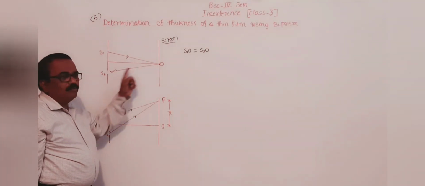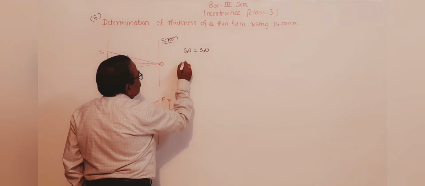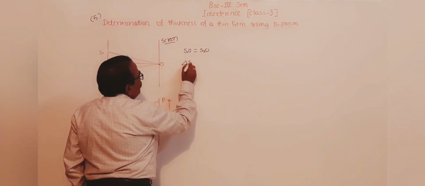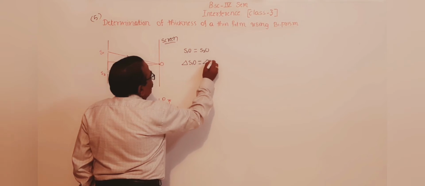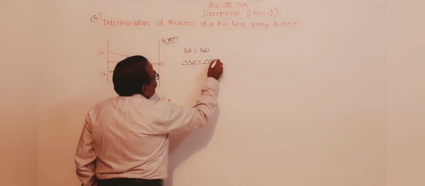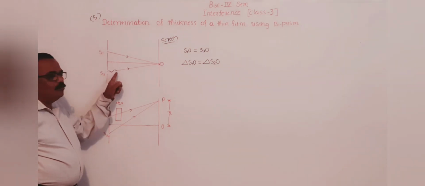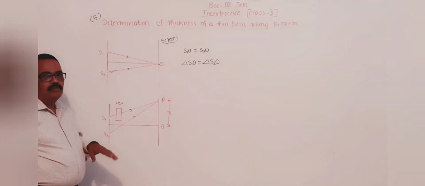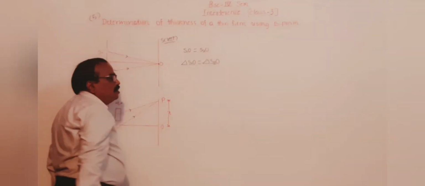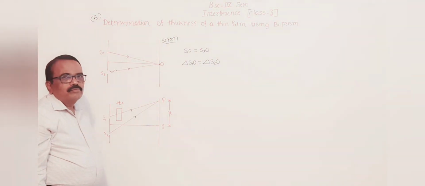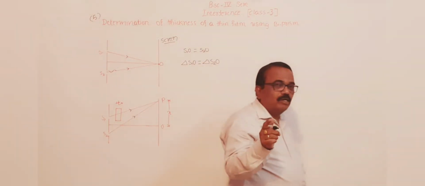This length is the same. It means the path traveled by the two waves is the same. In other words, the path difference is zero, or you can say the two waves are in phase.